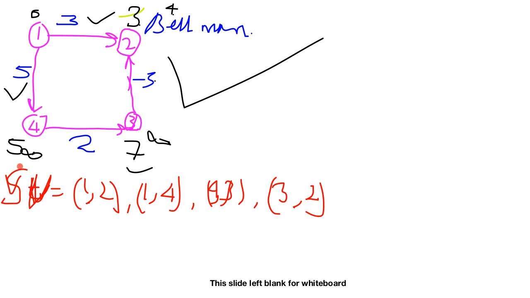Let's try to complicate this because this is very simple. Let's maybe try to complicate this, and maybe we can have 1. Maybe we have another 2.